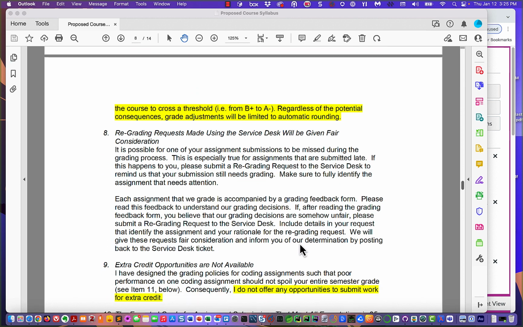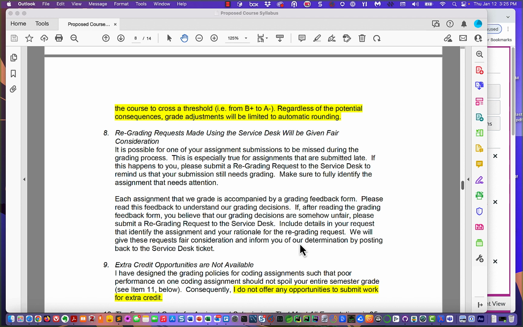Regrading requests made using the service desk will be given fair consideration. Two situations. One is that we missed your assignment. It happens, okay? Especially if you hand it in late. Open a ticket, remind us that we need to grade it.